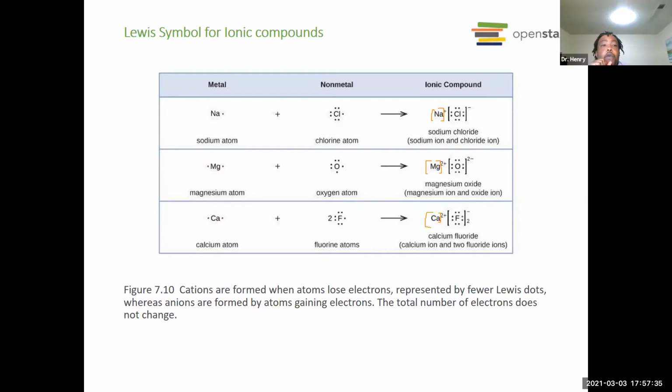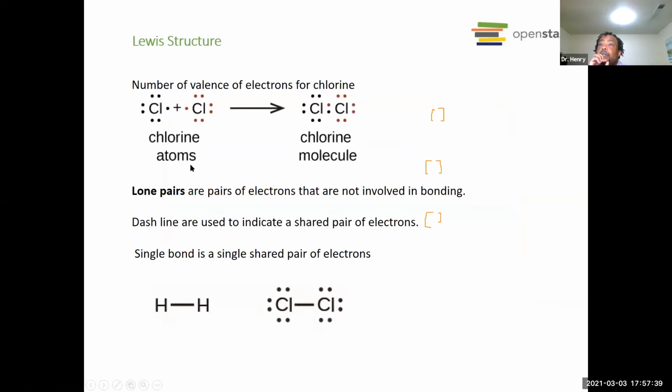Now, when we're talking about covalent bonding, electrons are being shared. So let's say we're making chlorine, the molecule, from 2 chlorine atoms. In this case, each chlorine has 7 electrons around it. They're going to be sharing. Each one is going to be providing 1 electron to the other so that we can actually reach what we call our octet.